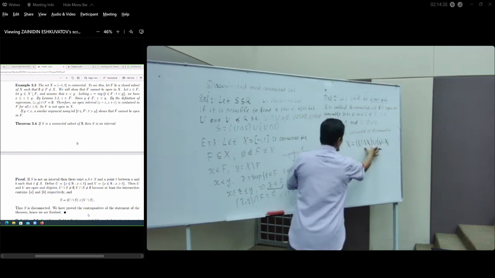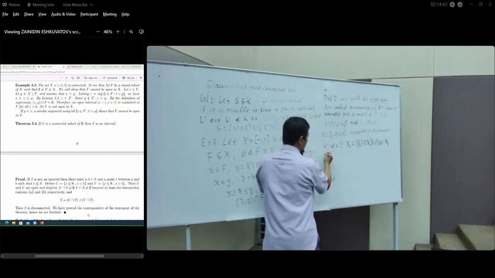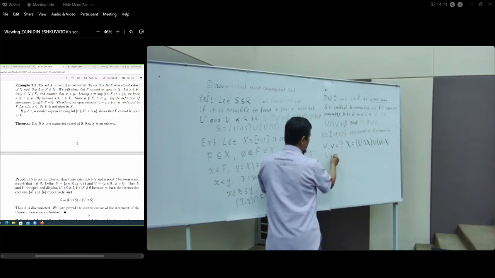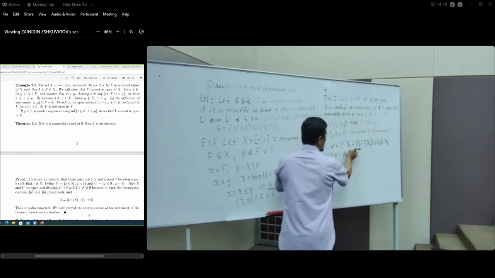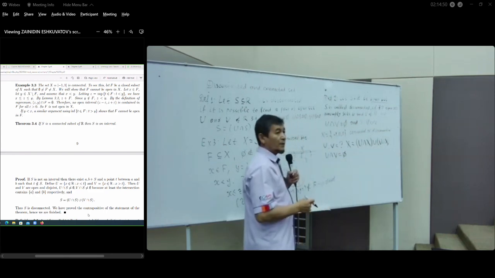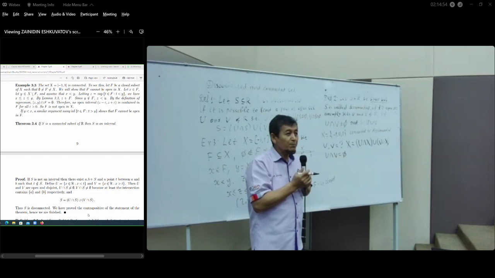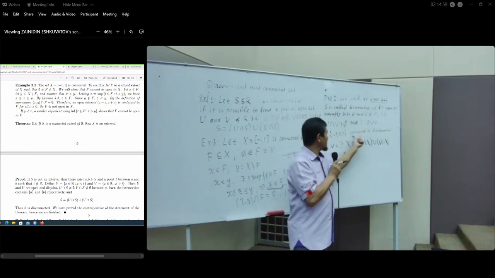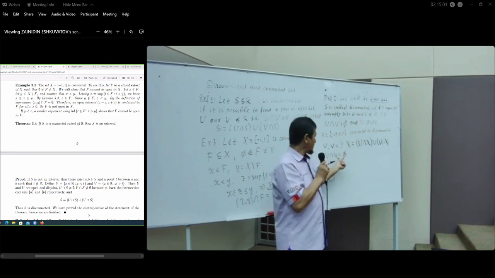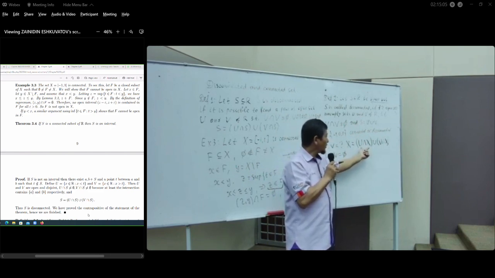I should choose U and V in such a way that they are disjoint, but X equals the union like this. You see, generally it is not very simple to show it is a disconnected set. But for this case, how do we construct U and V?